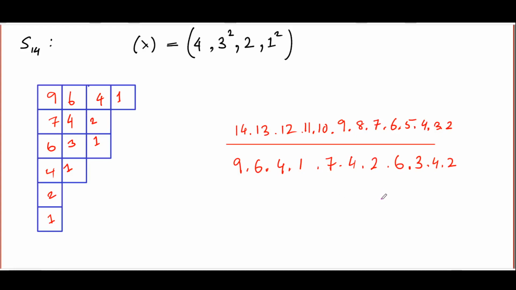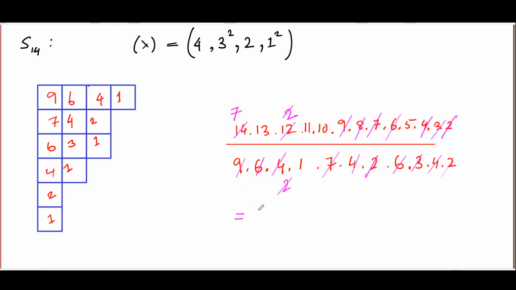You write down 14 factorial out in full and then cancel terms between the numerator and the denominator. 6 is cancelled. The 4 and 2 cancels here with 8. Then you have 7 cancelling. 9 gets cancelled. 6 and 4. Well, 6 cancels here to give 2. And then you can get a 7.